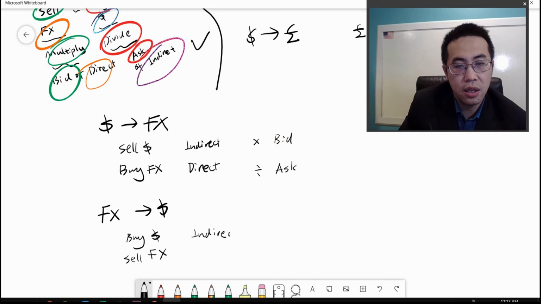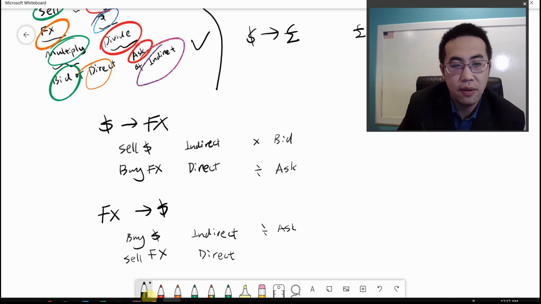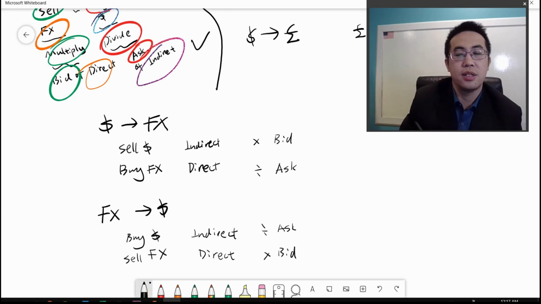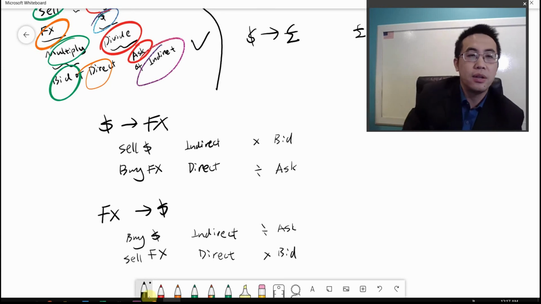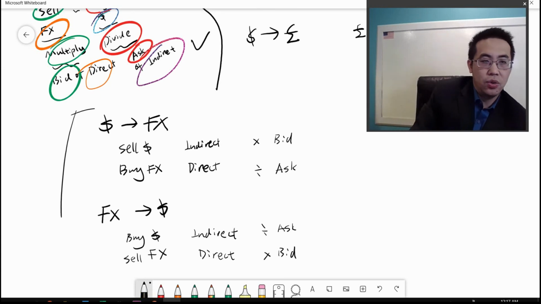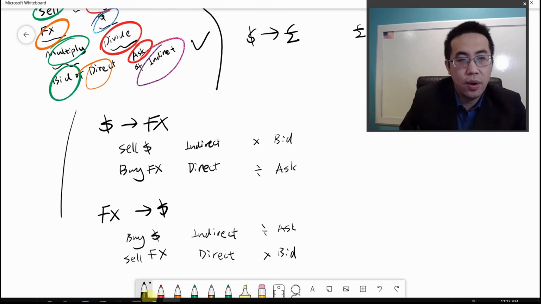If you focus on what you do with the foreign exchange, you use the direct. So if you are buying things, you always divide the ask price, and this time the ask price is indirect. And if you're selling things, you always multiply the bid. This time the bid is direct, different from the previous example. So this is a calculation rule you need to remember.